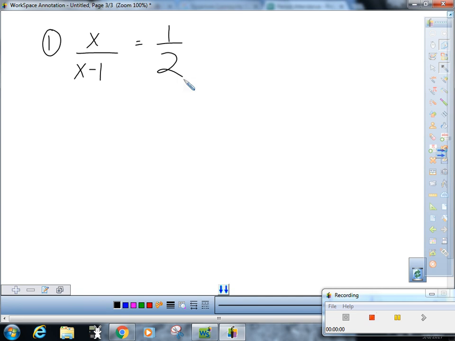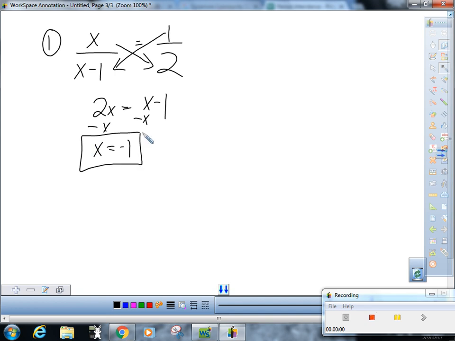You cross multiply when you simply have one fraction on the left and one fraction on the right. And that's going to end up being our goal. So you do x times 2 is 2x, and 1 times x minus 1 is simply x minus 1. Subtract x from both sides, and you get x equals -1.